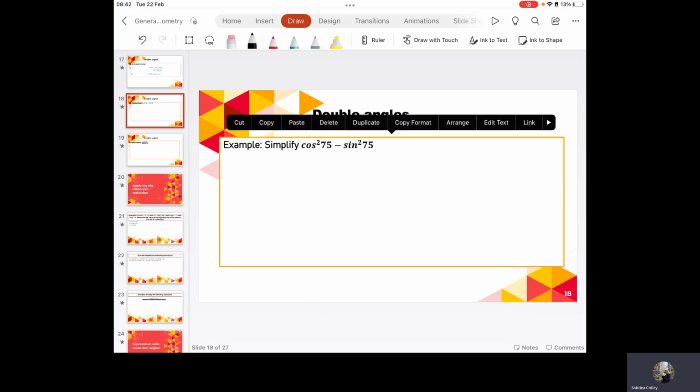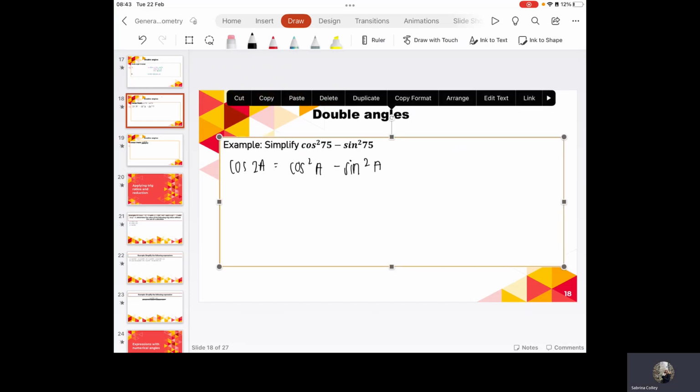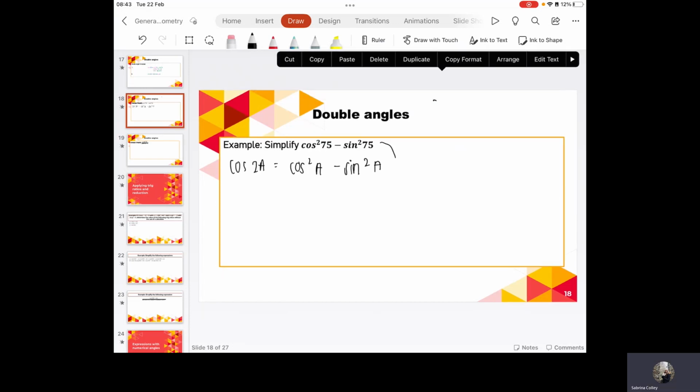I know that cos 2A gives me cos squared A minus sine squared A. So I can write cos squared 75 minus sine squared 75 as my double angle of cos, so it's cos 2 times 75.